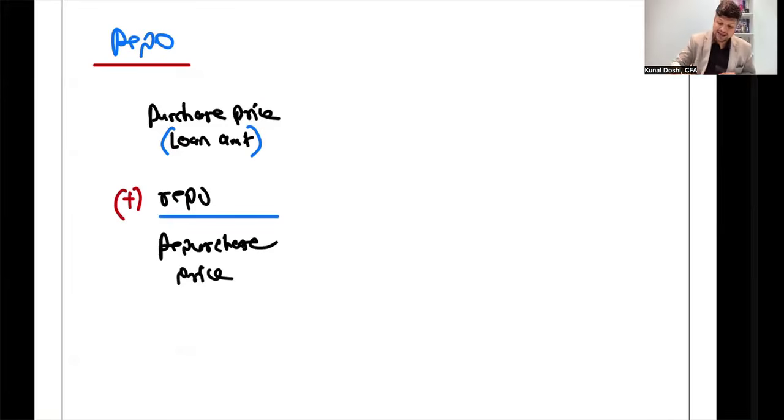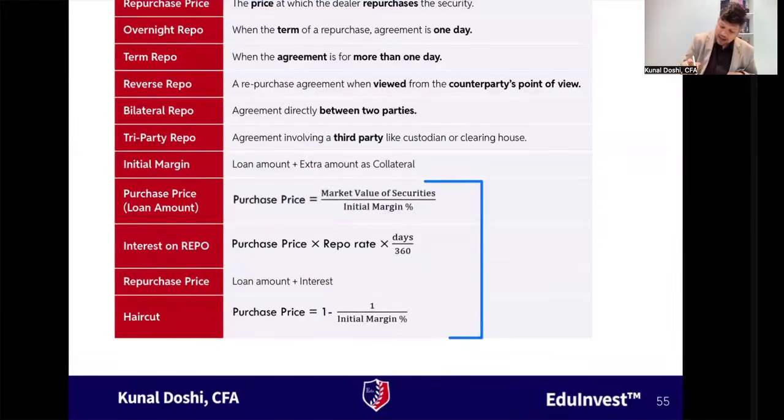Now what is purchase price? It is based on the margin. So first of all, understand, when you want to borrow, you have to give collateral, correct? If I want to buy a property of 1 million, I will have to give collateral. Always remember that the collateral value is more than the loan amount. That will be called here the initial margin.